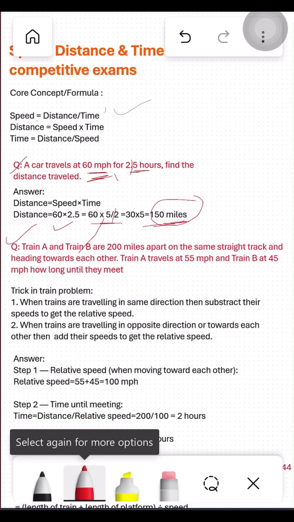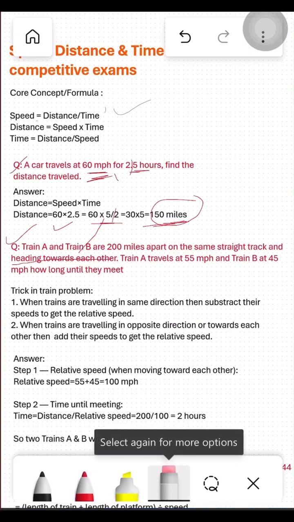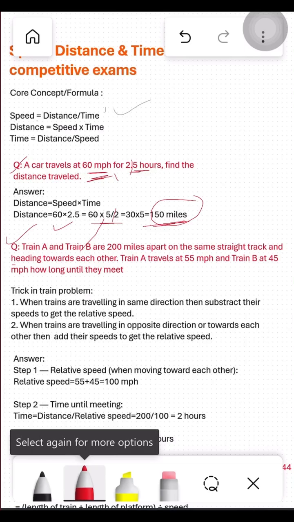In this kind of problem, what you have to do is calculate the relative speed, because both of the trains are traveling either in the same direction or in opposite directions. In our problem, they are traveling in opposite directions, which is mentioned here, heading towards each other. Now this is a trick that I will explain.